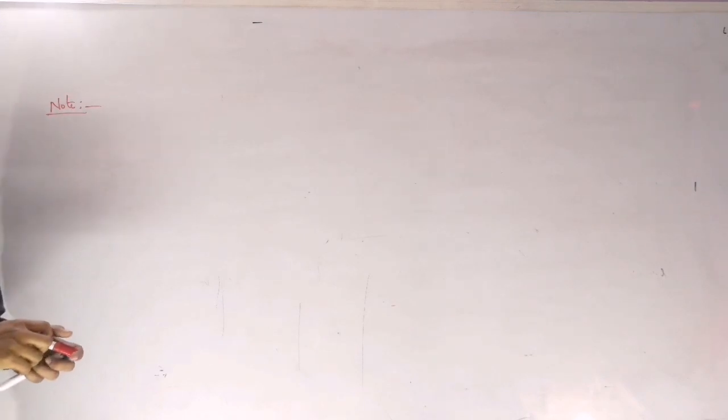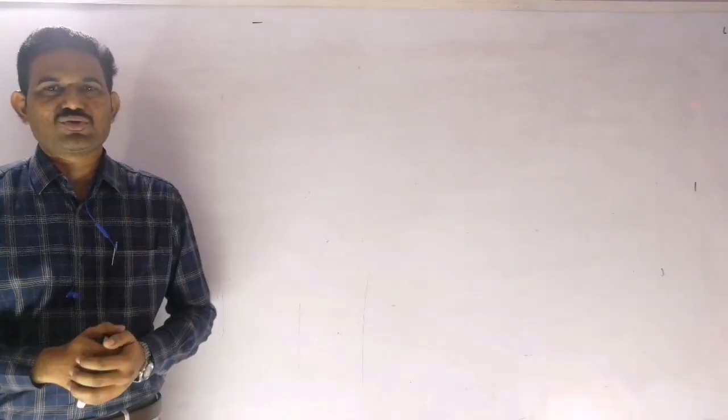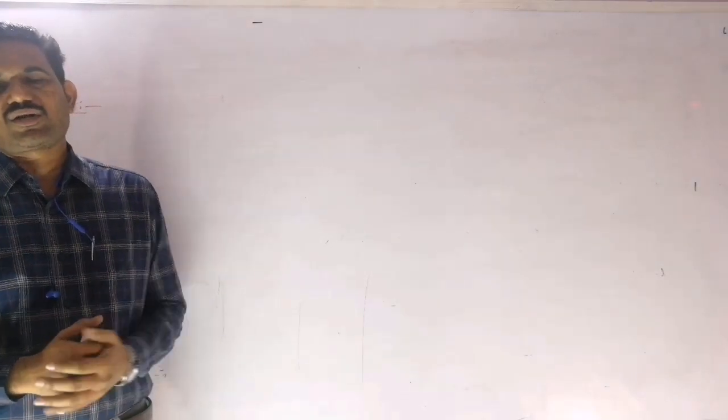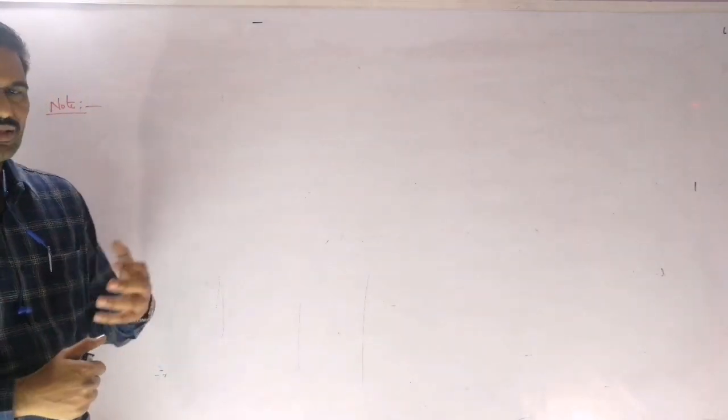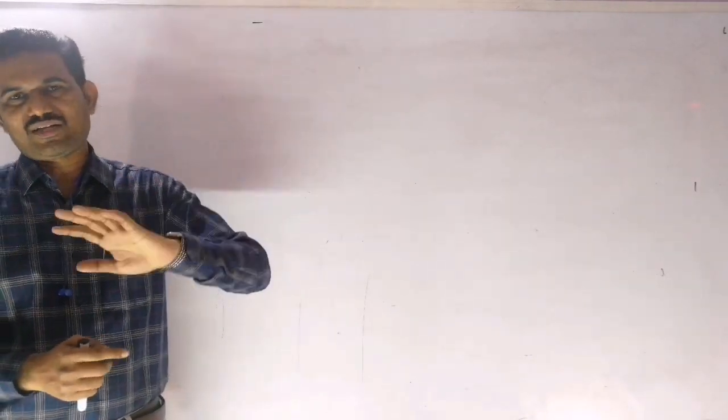Whenever a body is displaced slowly, then the change in kinetic energy we need to consider as zero. That is the most important point in problems related to the work energy theorem. When the body is displaced slowly, the change in kinetic energy is zero. It is displaced slowly means the speed of the particle is not changing.